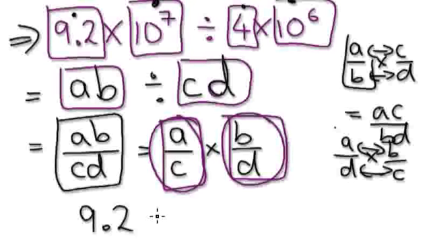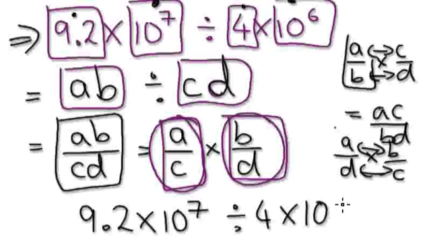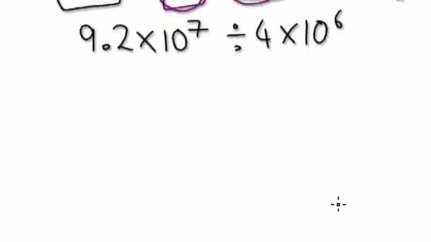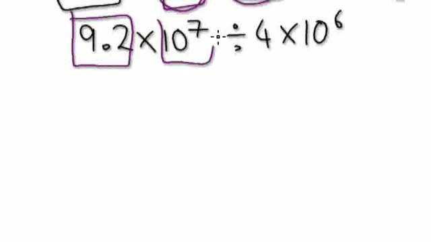Wait there, 9.2 times 10 to the power 7, and then we've got to divide it by 4 times 10 to the power 6. Bear with me. So we've got to do this here. Okay. Now visualize this as this. You've got this block times this block here. So hang on, write it.